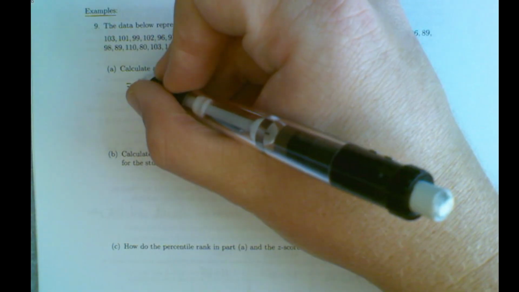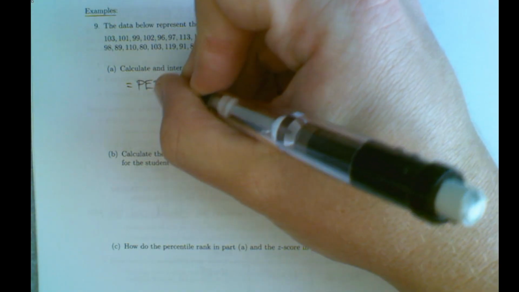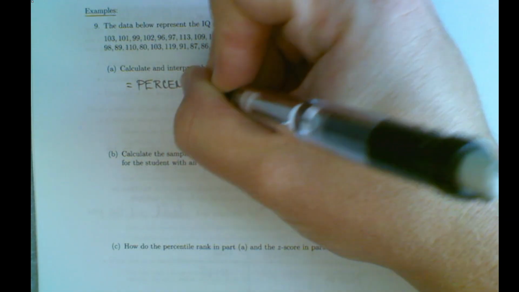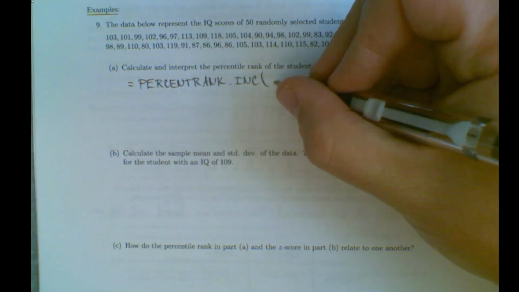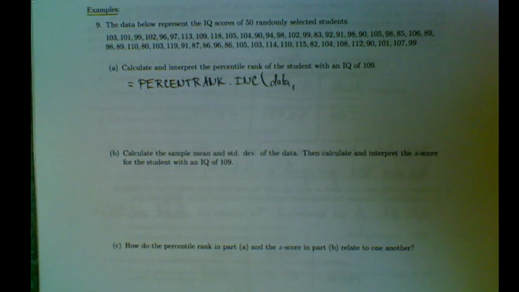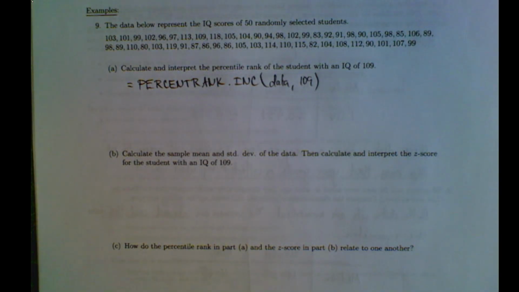Remember, we'll use the equals PERCENTRANK.INC function. We'll select the data, and then we'll put in the value of 109, and this will tell us at what percentile 109 falls under. Okay, let's see what we get.